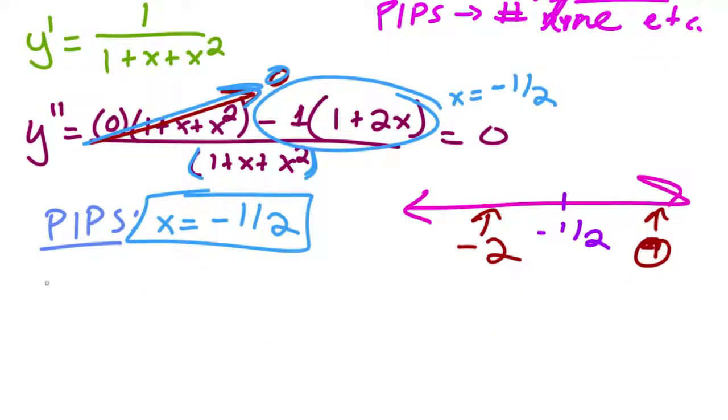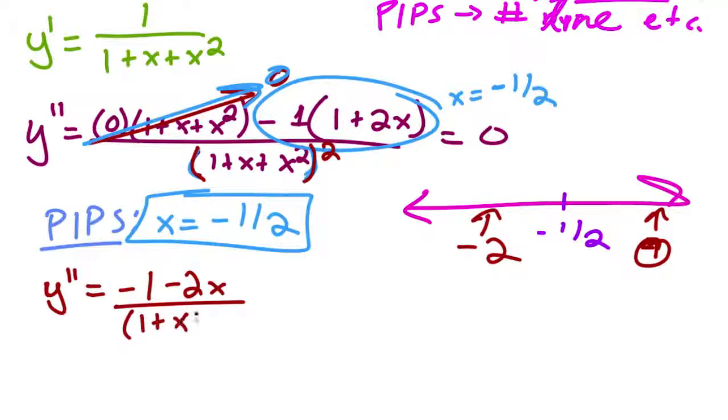Now, let me simplify this a little bit. So y double prime is equal to negative 1 minus 2x, over 1 plus x squared. Oh my goodness, I totally forgot the squared down here when I did the quotient rule. Terrible. But I caught my mistake, so that's okay. Over 1 plus x, squared. Almost forgot it again.